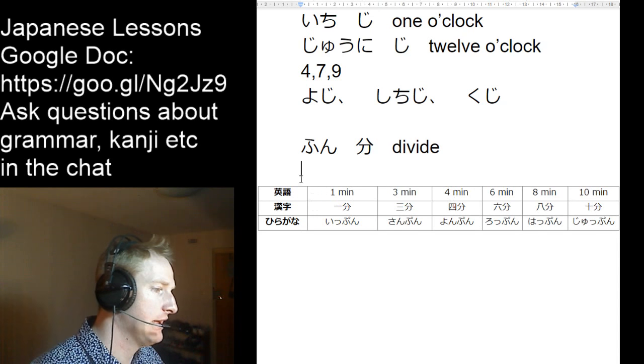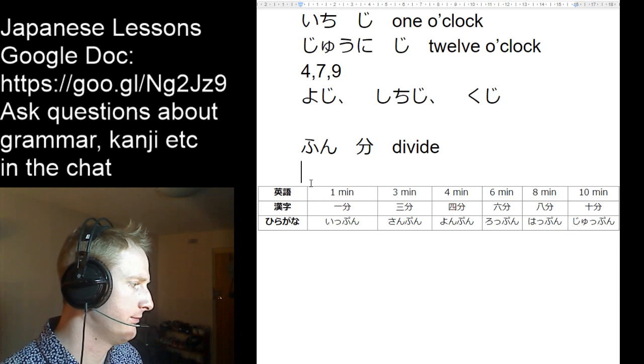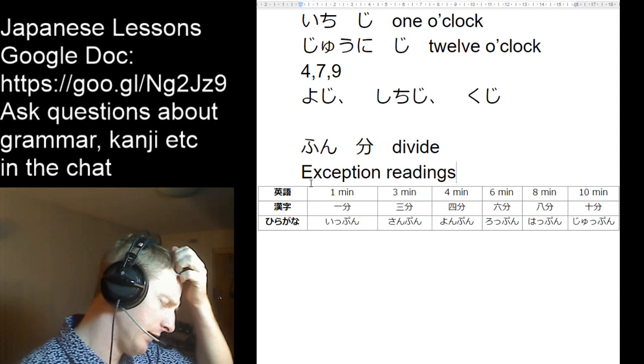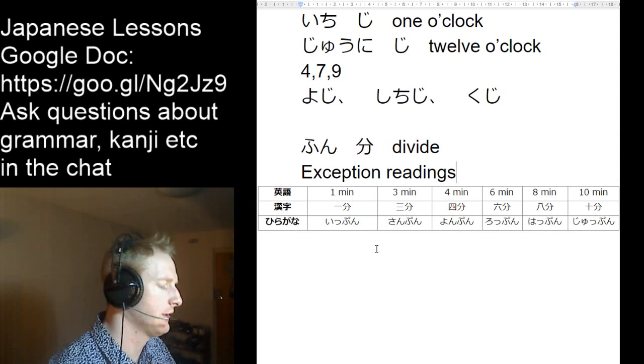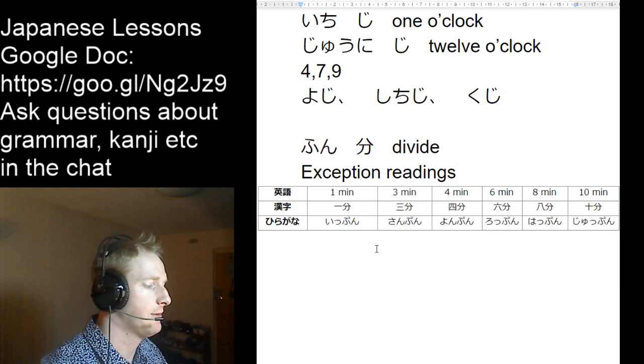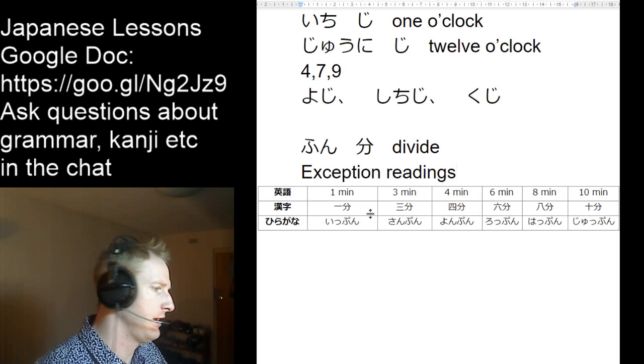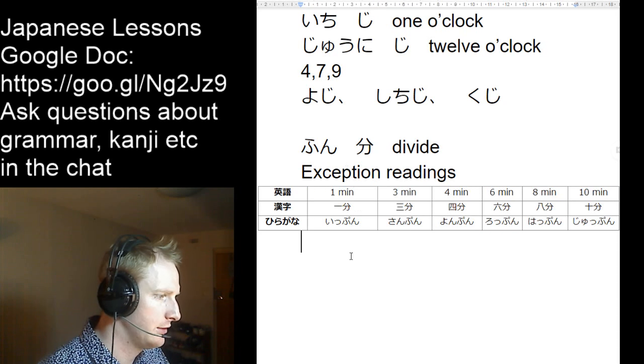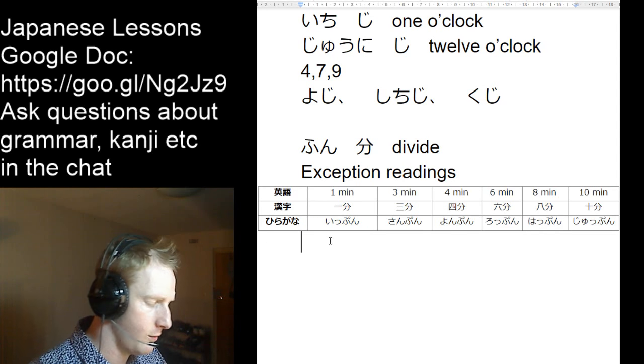So these are the exception readings. Not really exceptions, I guess, but they just change pronunciation just to make it easier to say. But if it's not in this table, you just put the number and then fun. Okay, so it is in this table for 1 minute, so ippun, 1 minute.